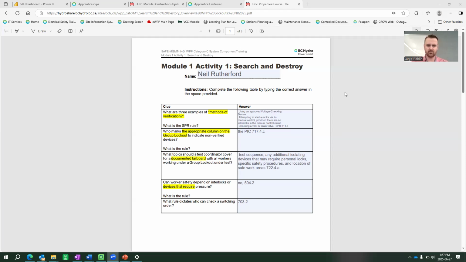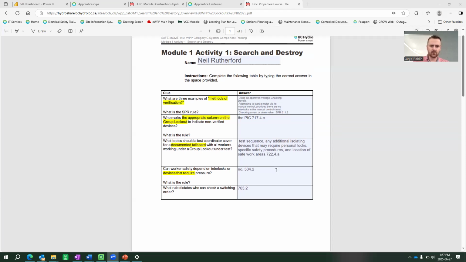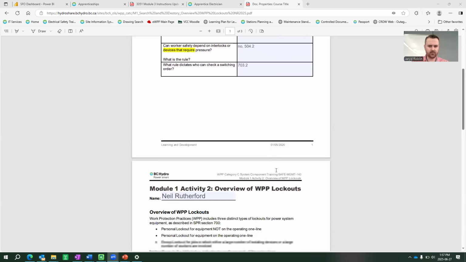You picked the proper SPR rule, and I could tell that you took your time with this assignment, which is exactly what we're looking for when we're talking about specific rules and procedures and needing to know where to find the rules to ensure that we're doing a job not only safely, but efficiently as well. So great job on this first page.